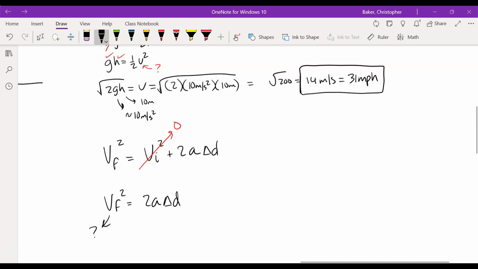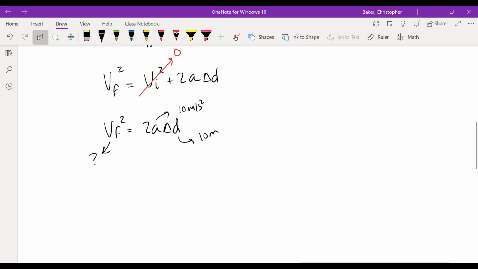Well, this is the unknown. We know that acceleration due to gravity is 10 meters per second squared, and we know that delta d is 10 meters. So, as Mr. Carapucci would say, let's plug and chug. So you have v final squared is equal to 2 times 10 meters per second squared, roughly, times 10 meters.